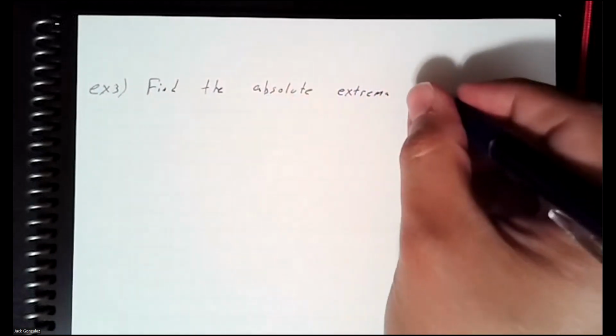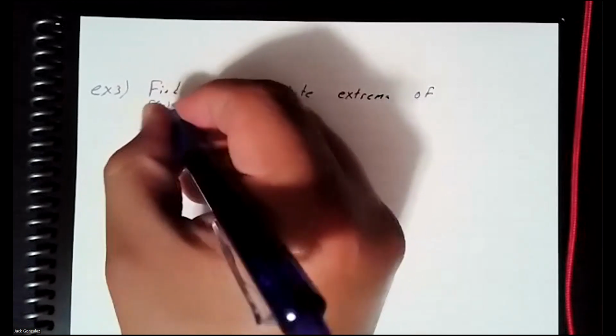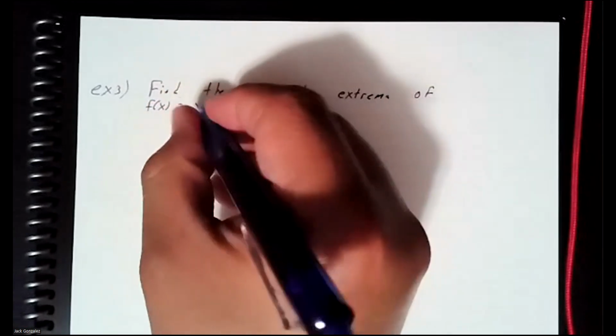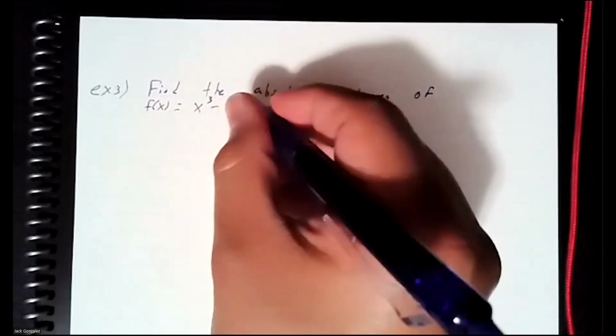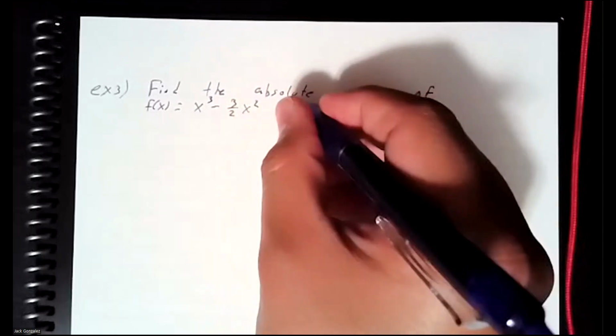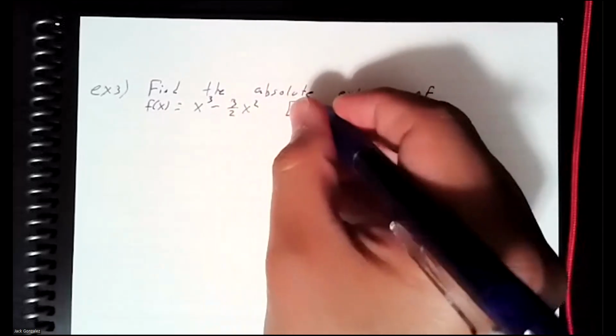Find the absolute extrema of f of x equal to x cubed minus 3/2 x squared on this interval.